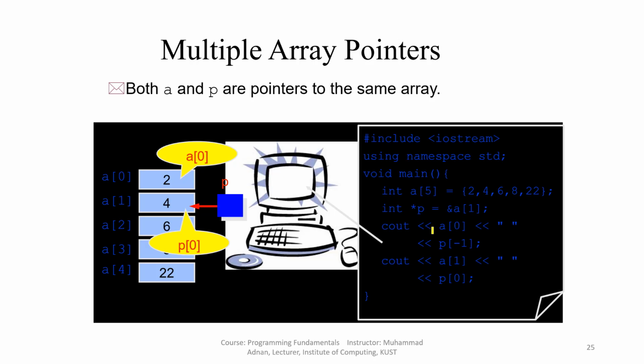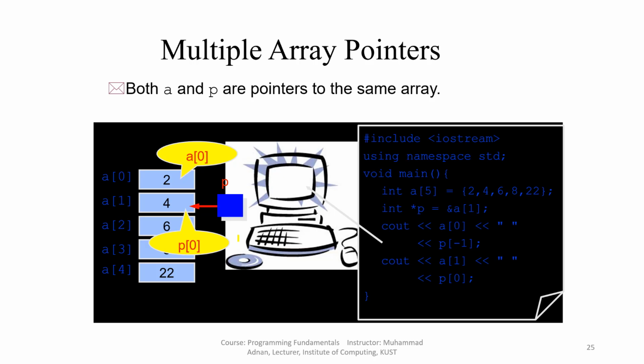So if you once again print a of 0, it will print 2, but if you print p of negative 1, it will also print the value 2, because negative 1 means decrement this address by 1.